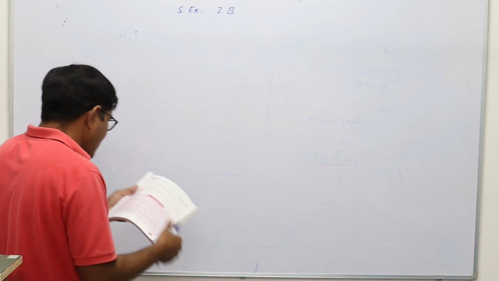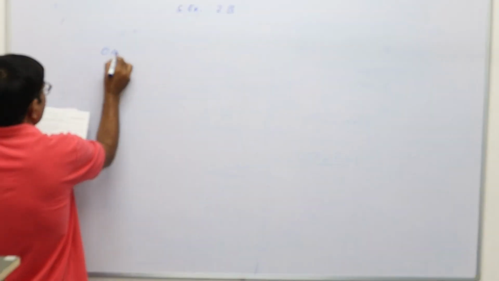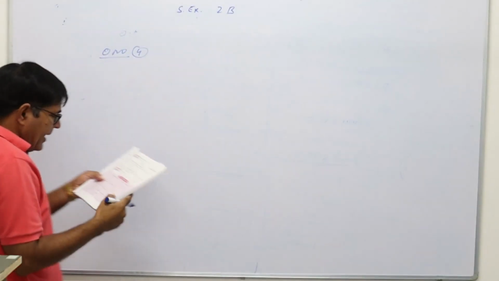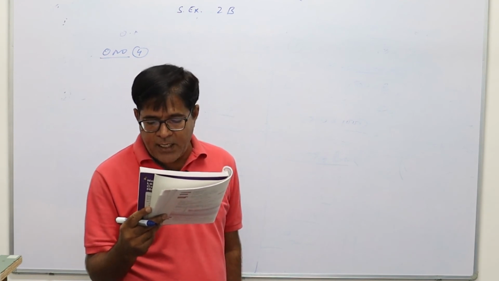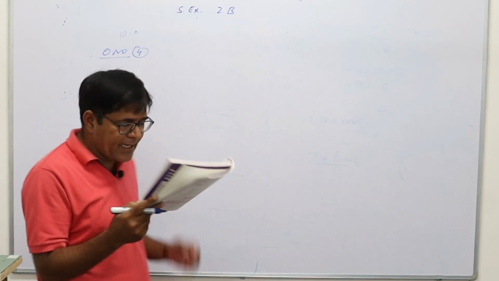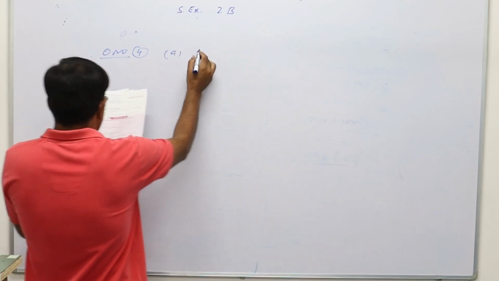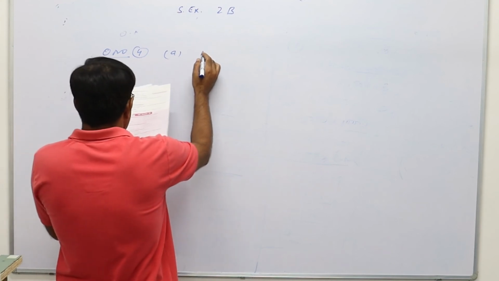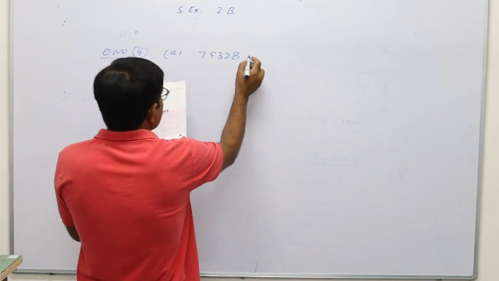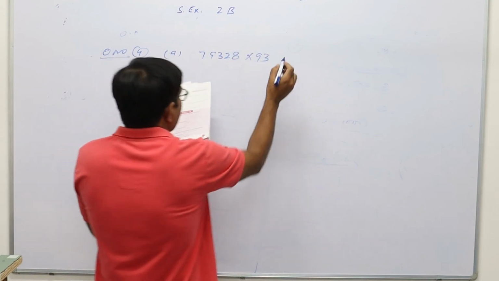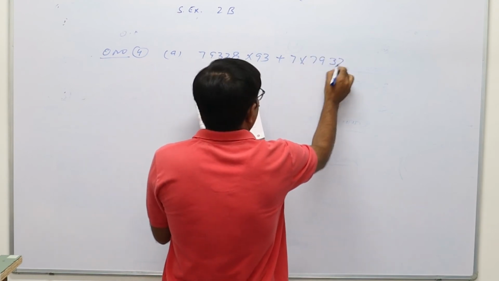Then question number 4. Evaluate the following by using distributive property of multiplication over addition and subtraction. So first question is 79,328 is multiplied by 93 plus 7 into 79,328.